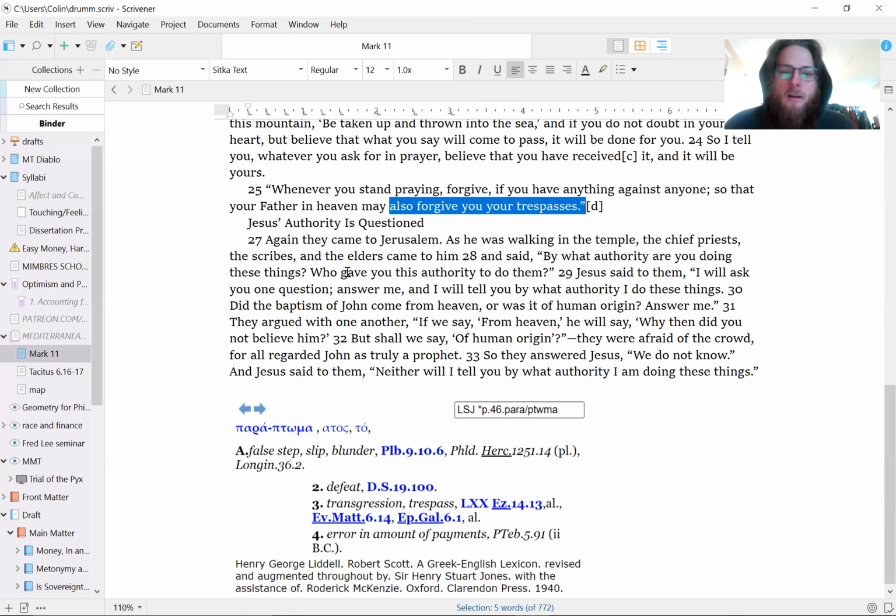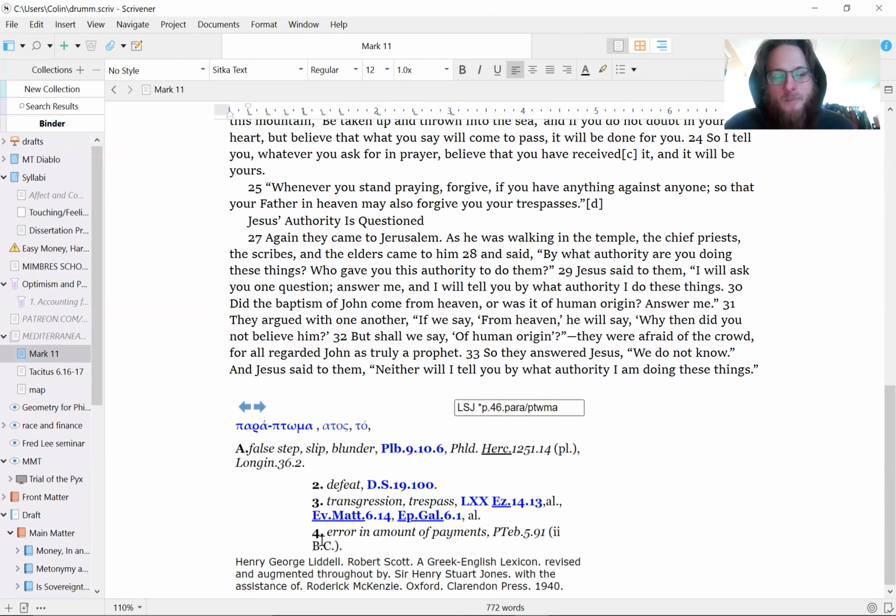Okay, so I want to begin by making a comment on this word trespasses. Okay, in Greek, this is paraptoma. So it does mean false slip, a blunder, a transgression, a trespass, but it also has this meaning of an error in the amount of payments. Okay, this is going to be crucial.